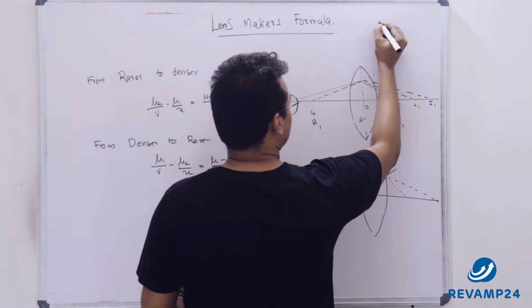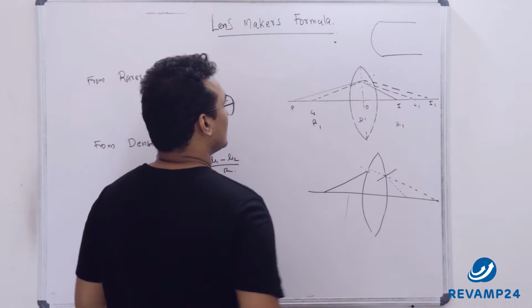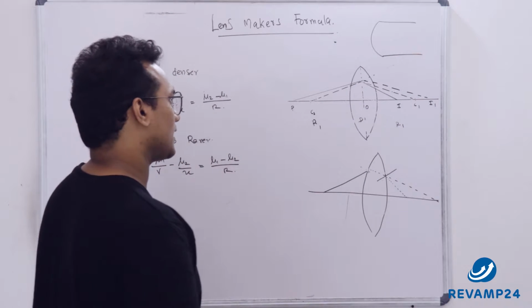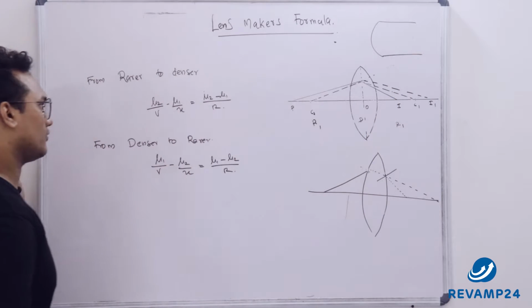So this is the example, a curved surface in this way. We had the object here and it was creating an image here, and this was the equation for that.